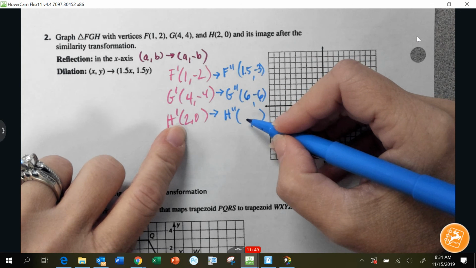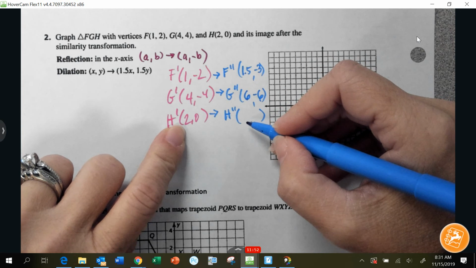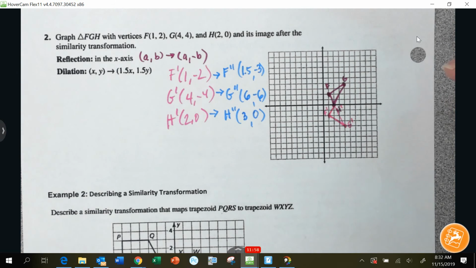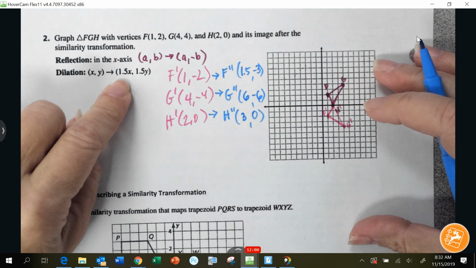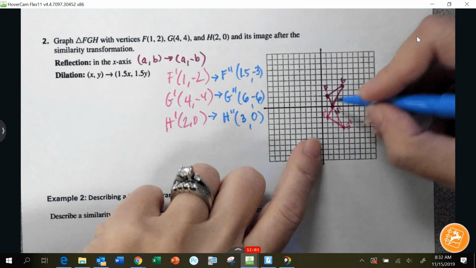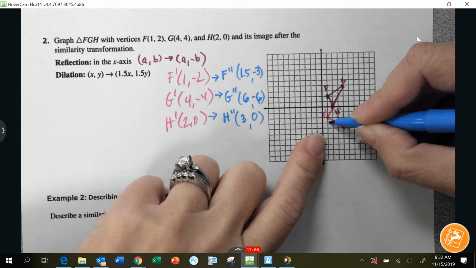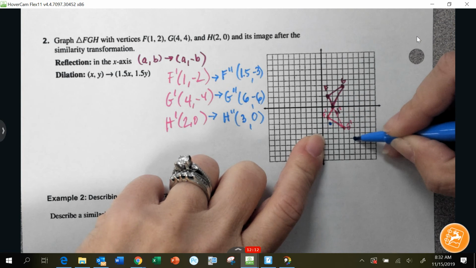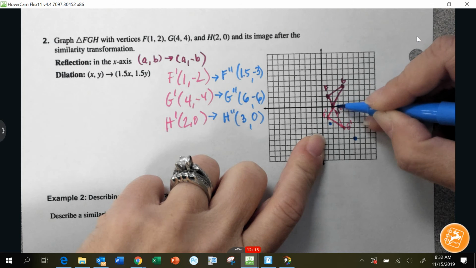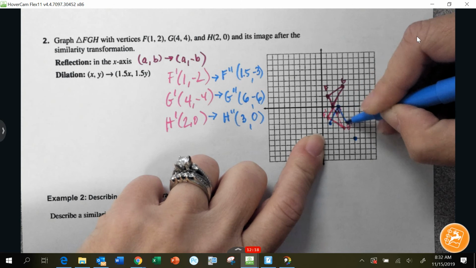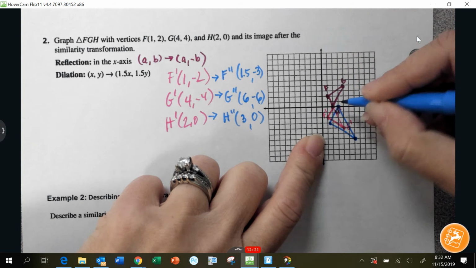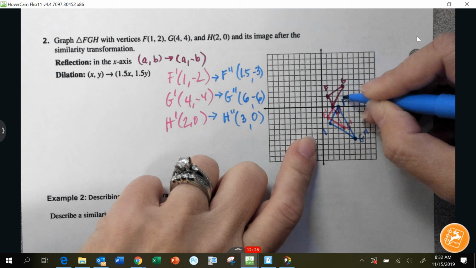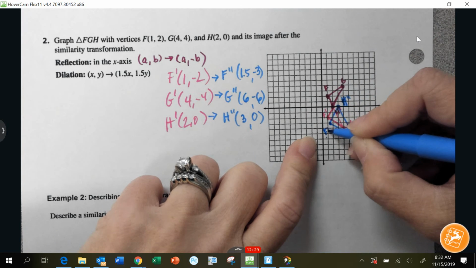Don't say because it gets bigger. Why is it going to be an enlargement? Yes, John? Because the scale factor is above 1. Because the scale factor is greater than 1. Exactly, yeah. Good job, John. Oops, it's H. Here we go.